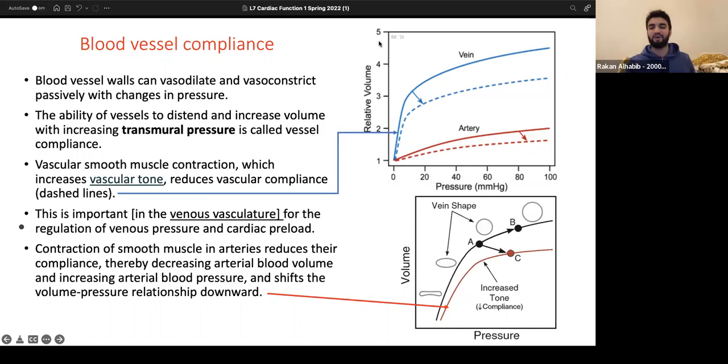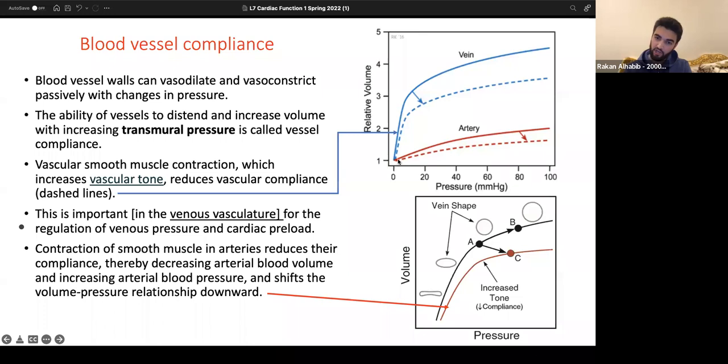Here he goes into the fact that again the veins are more compliant than the arteries. How? Let's say I'm at 3 liters, and I add 1 liter into the veins. As I added 1 liter, look at how the pressure changed. It's changed from about 7 into about 10, at 4.